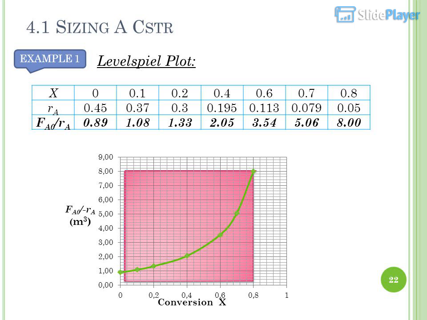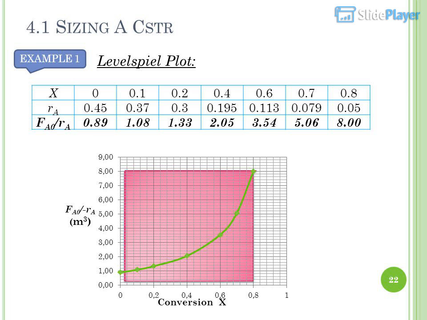Example 1, Levenspiel plot. X: 0.1, 0.2, 0.4, 0.6, 0.7, 0.8. Minus r_A: 0.45, 0.37, 0.3, 0.195, 0.113, 0.079, 0.05.